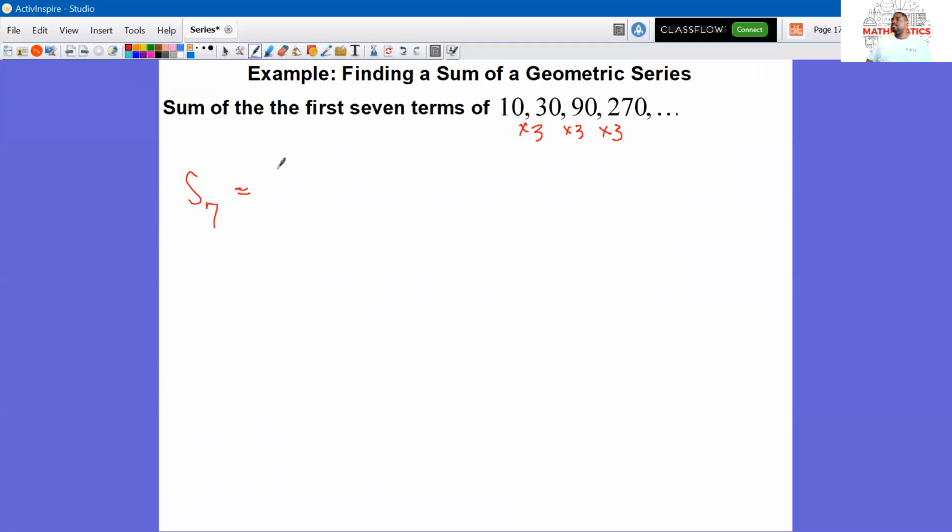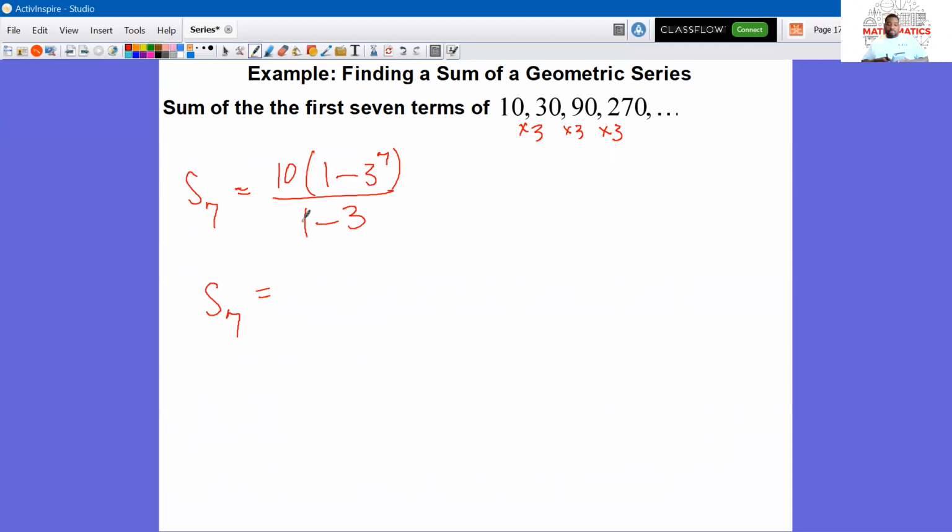Okay, so we need the first term, so 10 times 1 minus r, so that's 3 to the power of 7 over 1 minus 3, okay? And if you want to simplify that, you can.